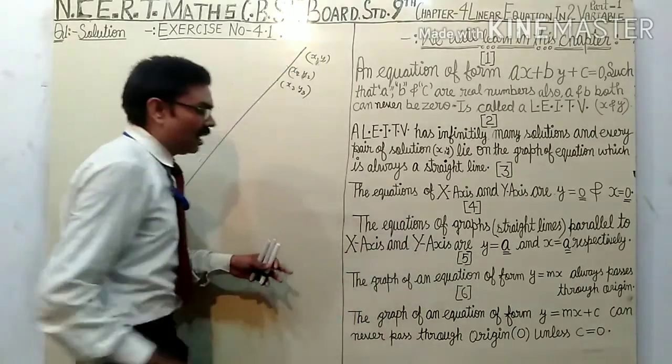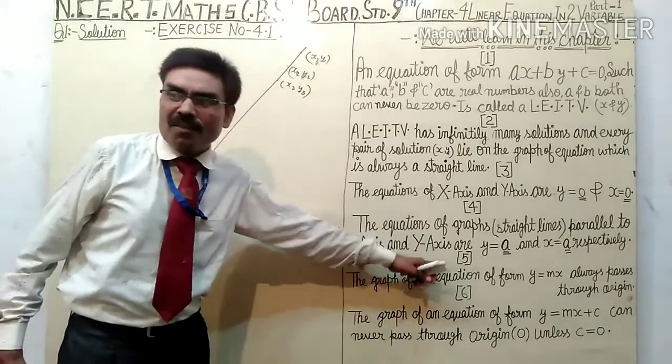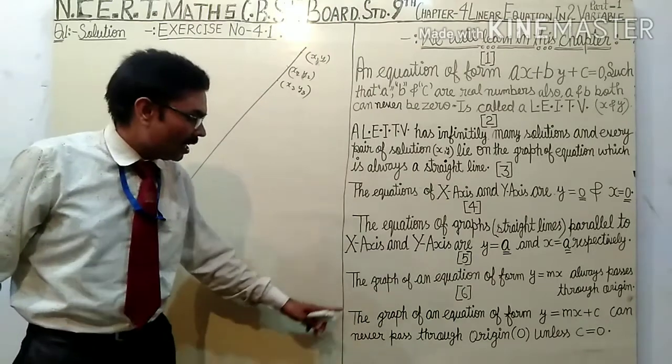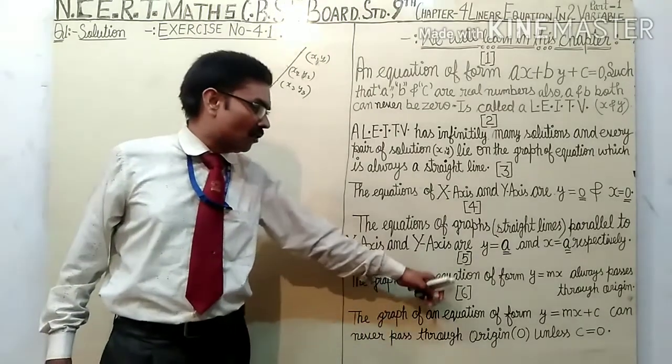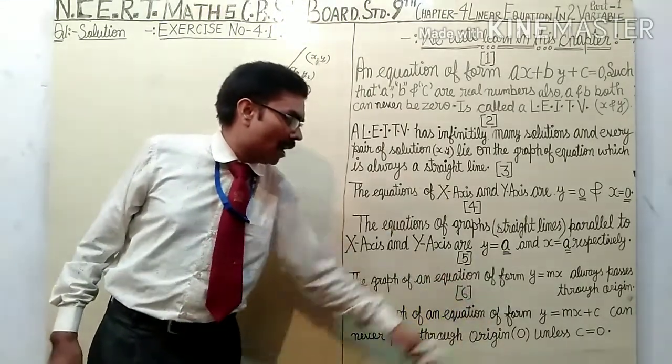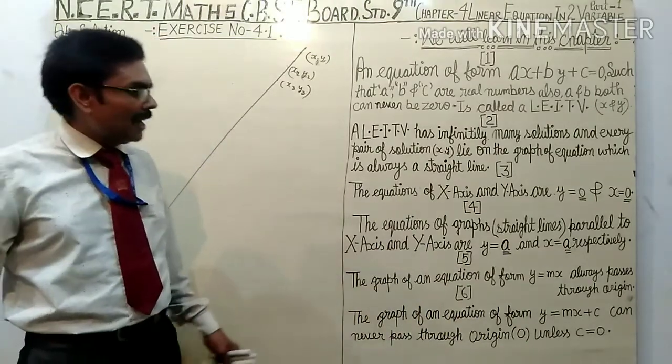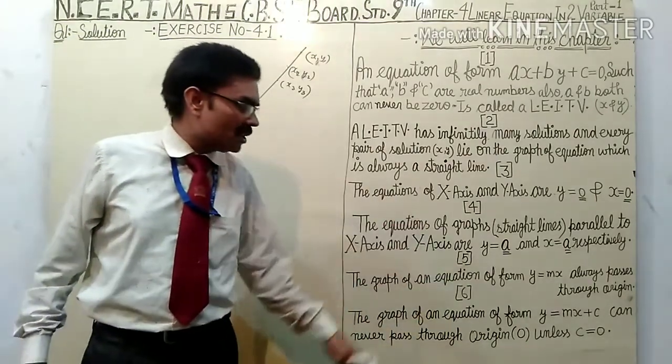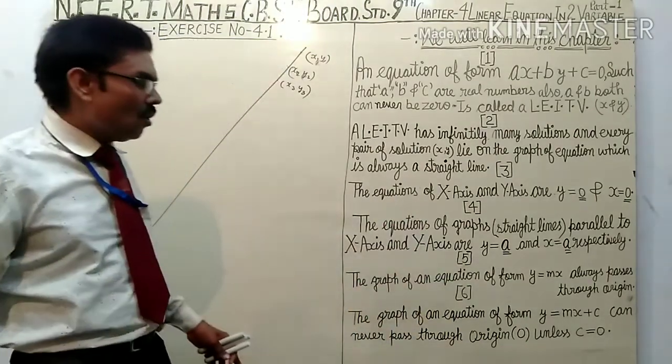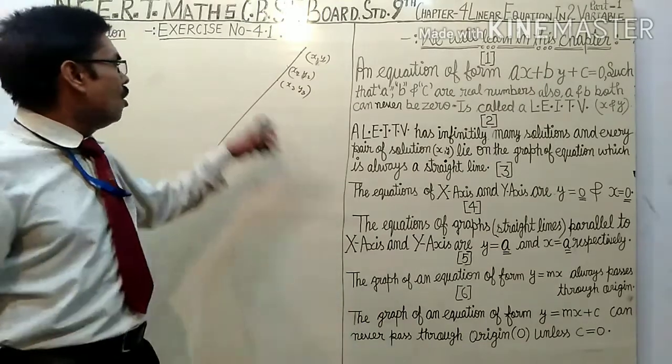Now students, refer to point 5. The graph of an equation of the form y equals mx always passes through the origin in a Cartesian plane.